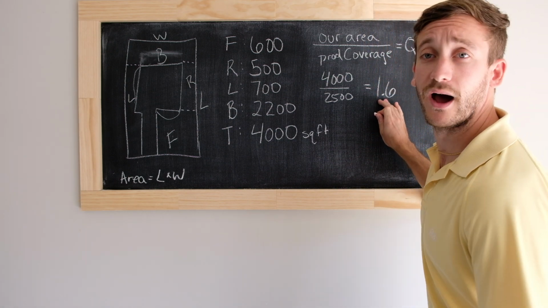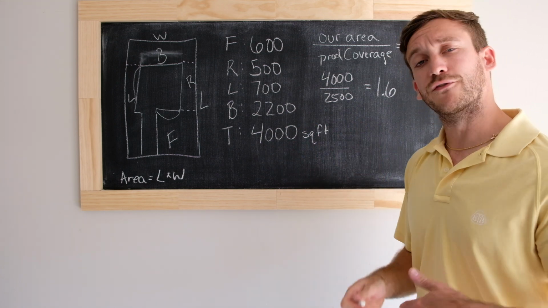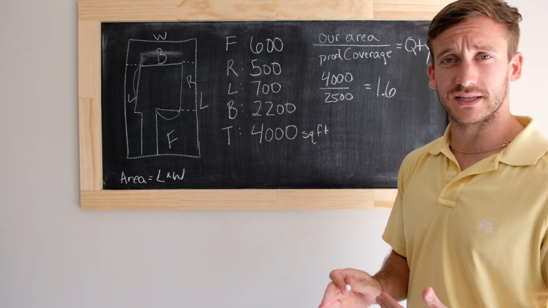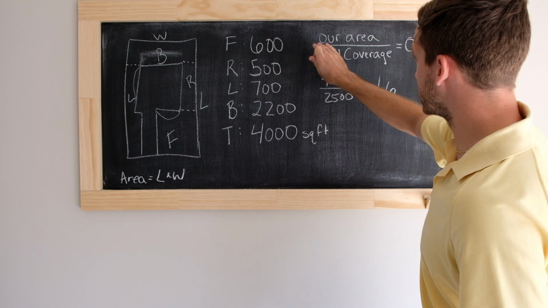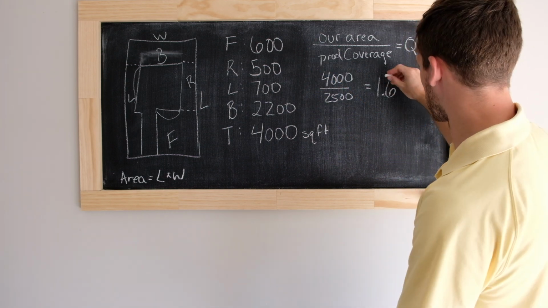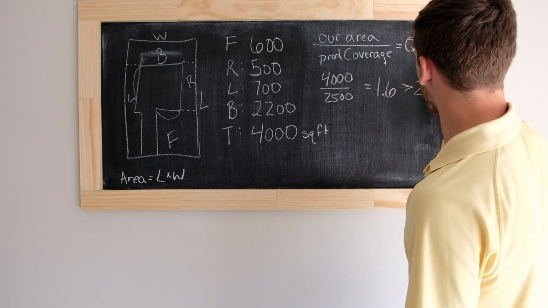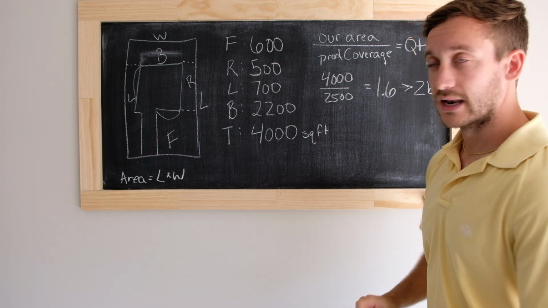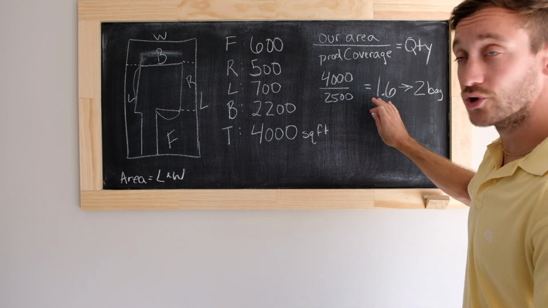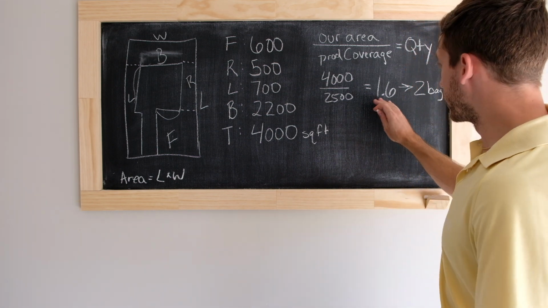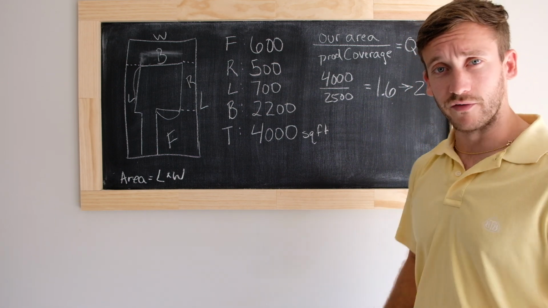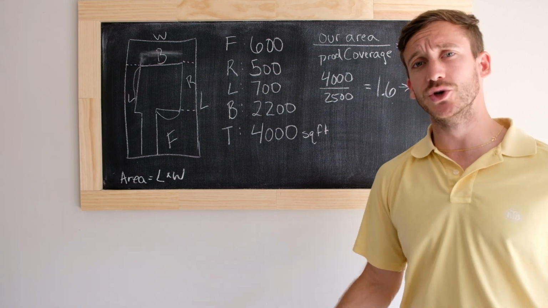Okay, so we know now our cost for us to apply any product to our yards. We can easily use this equation. Okay, so we now know that we have to buy 2 bags. Now that's not to say that we're going to use all 2 bags, so we can save that 0.4 of a bag and we can use it at a later date.